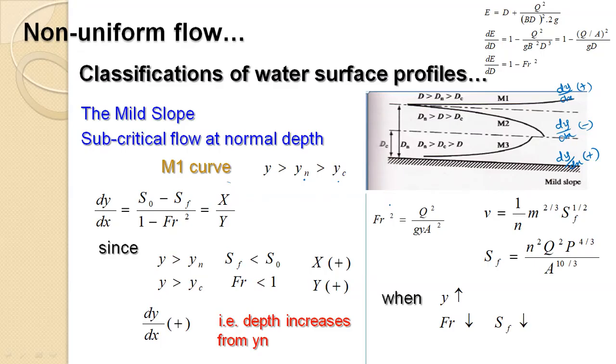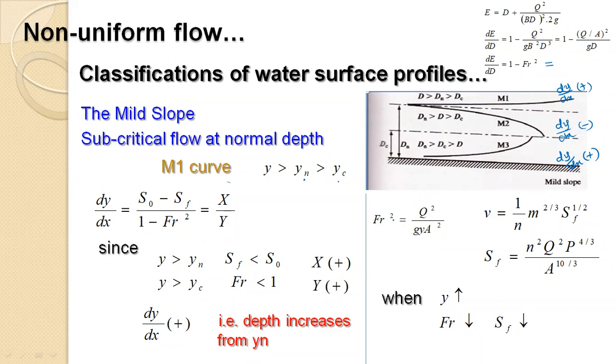Now, Froude number. Froude number is given by q squared divided by g a squared, or y. You can easily find why this is the case. This is v squared divided by gy.